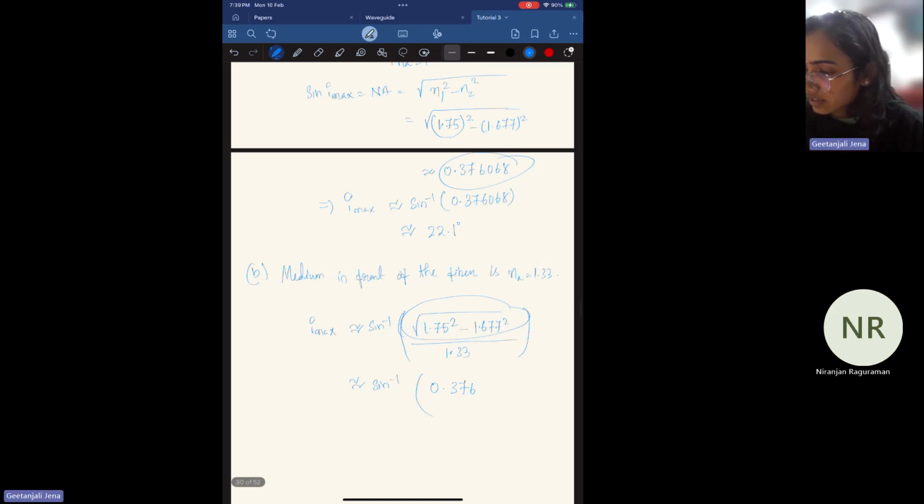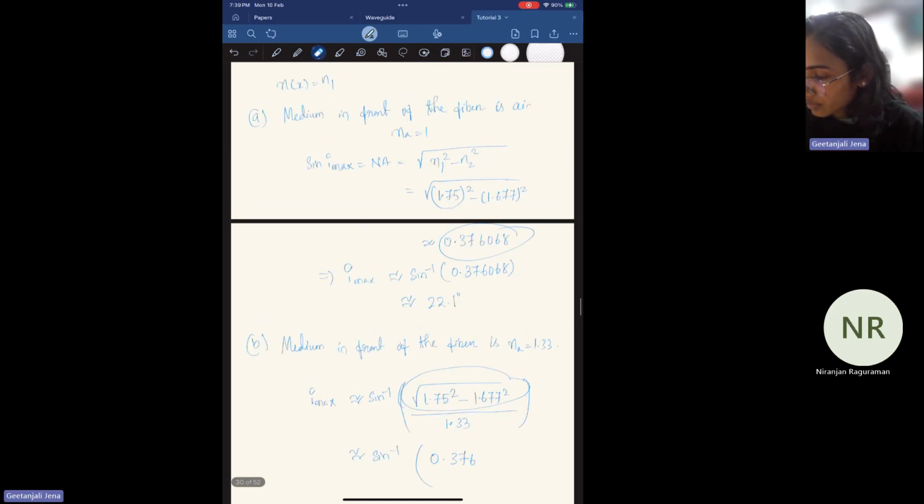Okay, so I think there is a problem here. This will come around 0.50017. So I did make a mistake here. It is 0.500171. So the angle will come around 30 degree.